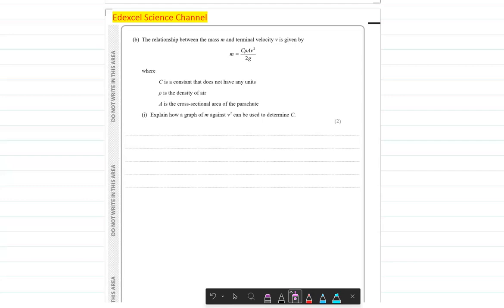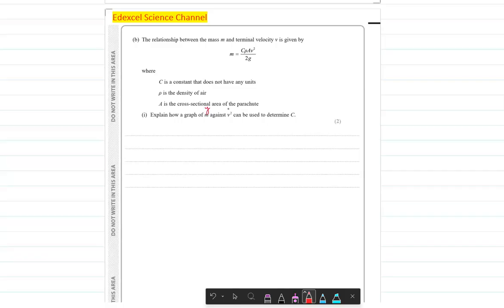It's always going to be a straight line. So whenever you are faced with this type of question with an equation, your target should be to rearrange the y and the x-axis and the gradient and show how to find out the value that they are asking you to find. So let me rearrange this.